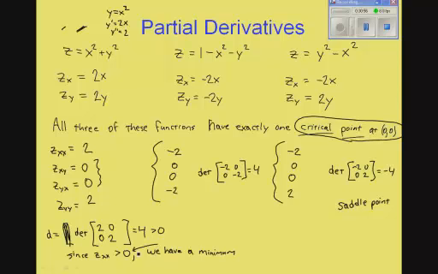And that should make sense to you, because remember that the second derivative being greater than 0 makes me think concave up, right? When I say zxx greater than 0, all I've been doing, if I do zxx, is calculus 1 on the function. And so I was staying in a certain plane.